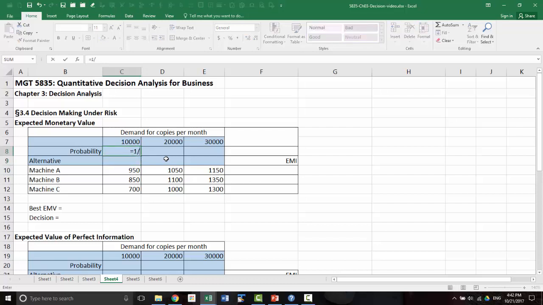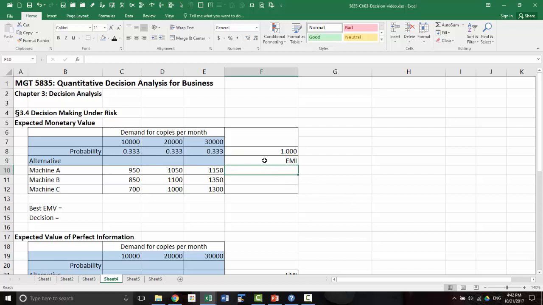When it is possible to enter 1/3 like this, you should do it because that's the more accurate way of expressing the probability. Now copy across and see if you sum these, it will be equal to 1. If you did 0.33, it's not going to sum to 1 properly.